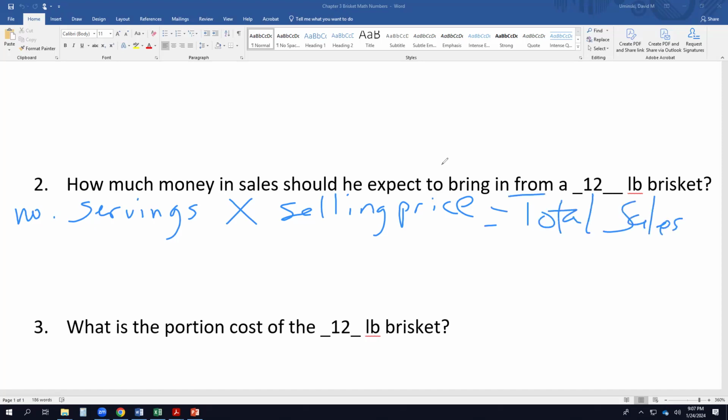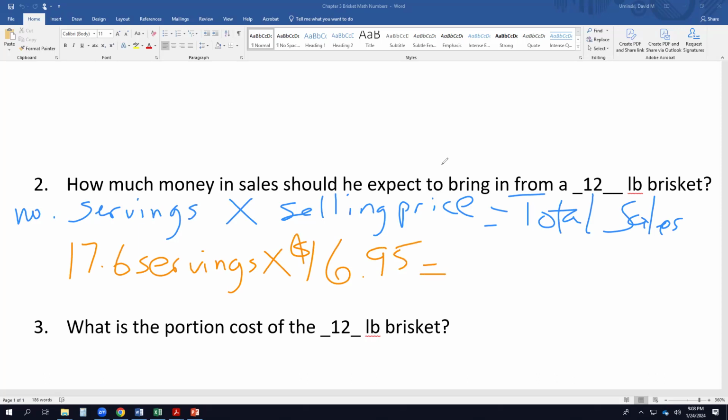Not all of them are super long like the first one is. So, changing colors. How many servings do we get? 17.6 servings. How much do we sell it for? $16.95.